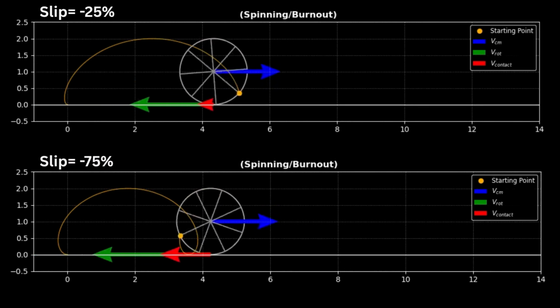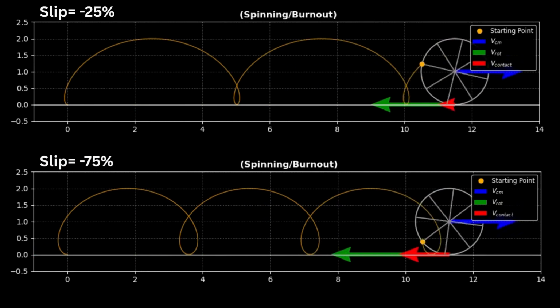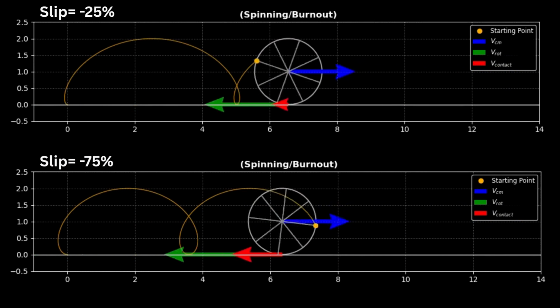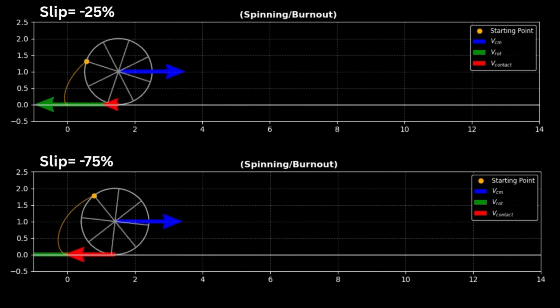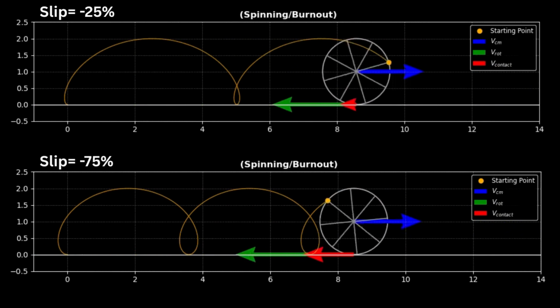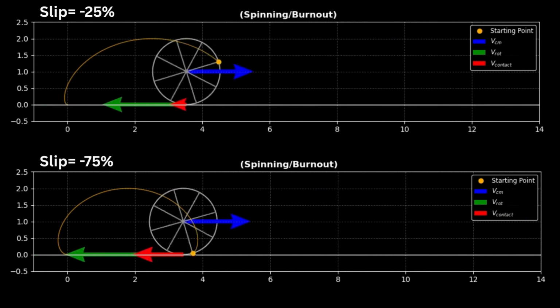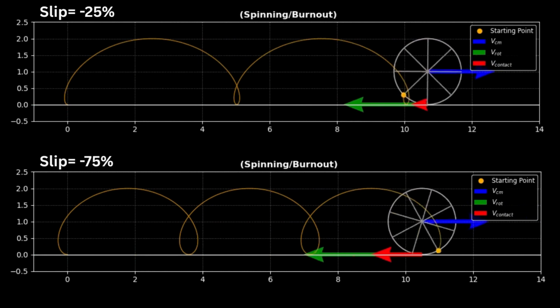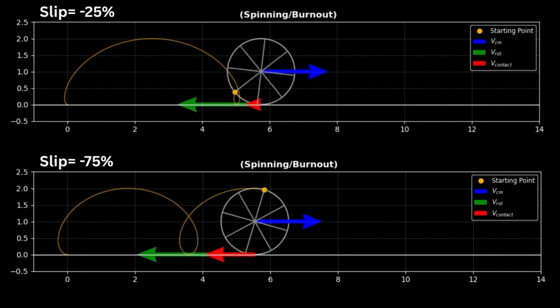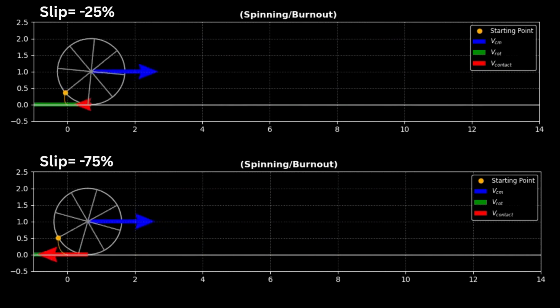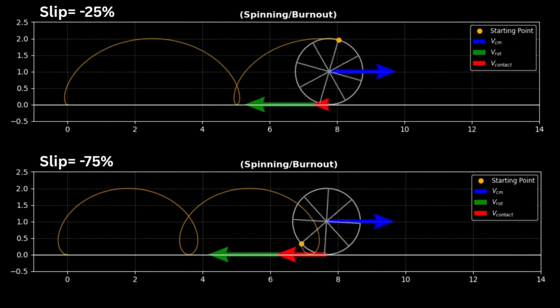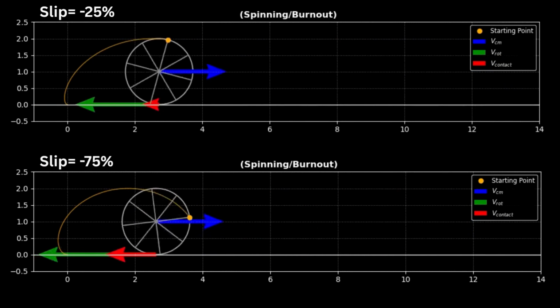Again, we can see the visualization with similar slip percentages, 25 and 75%. Now, note the negative sign of the slip here, indicating that the translational velocity is lesser than the rotational velocity. And look at the relative velocity of the contact point. It is acting in the direction opposite to the motion.